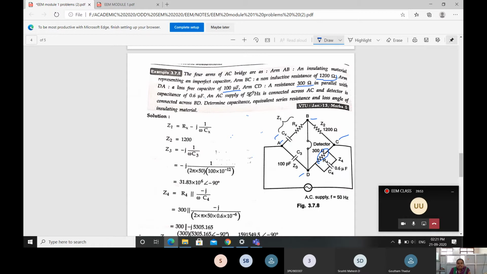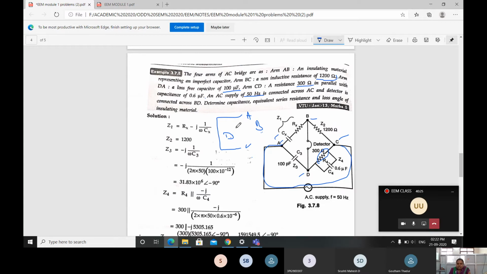And an AC supply of 50 Hertz is connected across AC. If I take the terminals as A, B here, C here and D here, across AC you connect the supply like this.